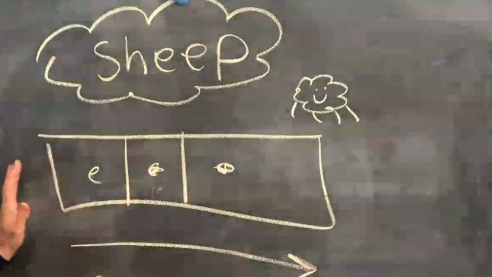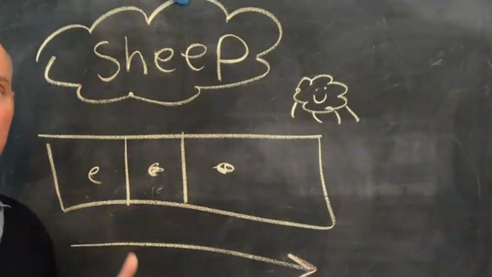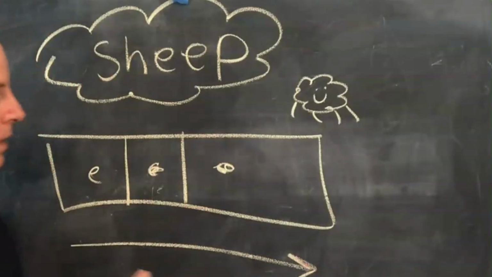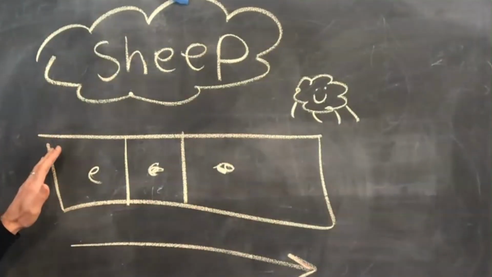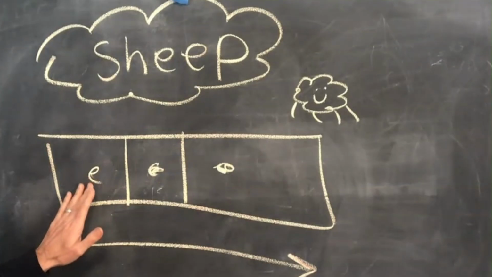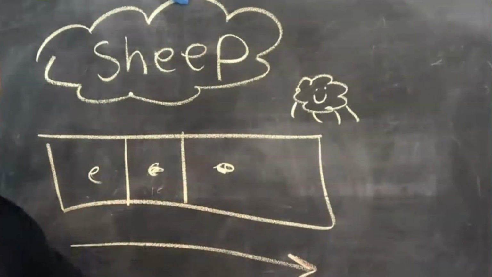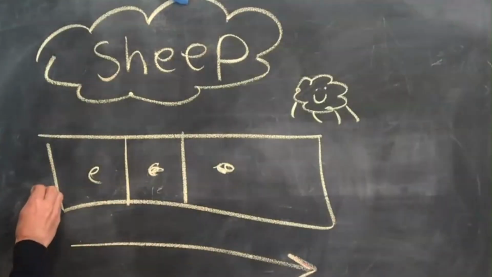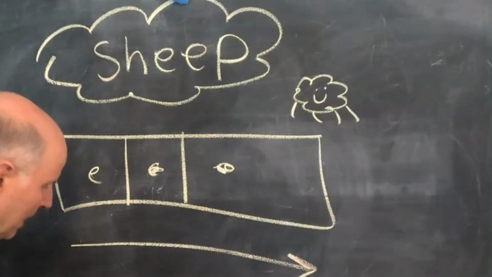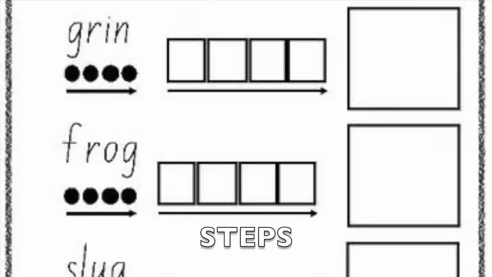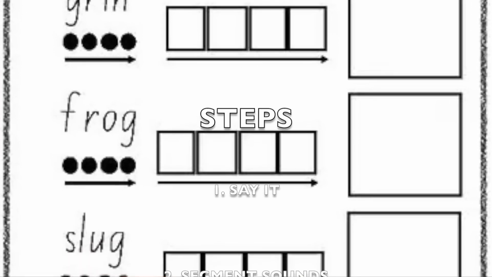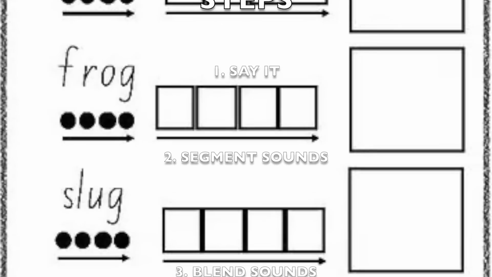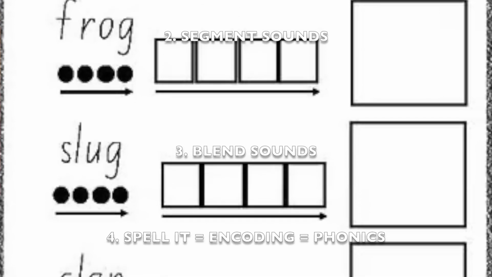Now this idea here, using the Elkonin boxes and sound boxes, it can be modified. We could add not only saying the word and segmenting and blending the sounds, but then we can add a third component to it. And this is going to be to actually write it out or spell it out. And when we add that spelling component, it turns this phonemic awareness activity into a graphophonemic awareness activity or a phonics activity.